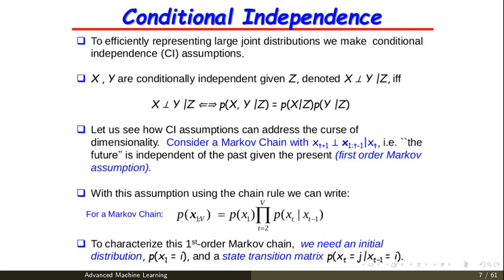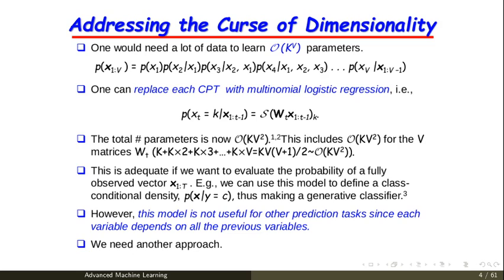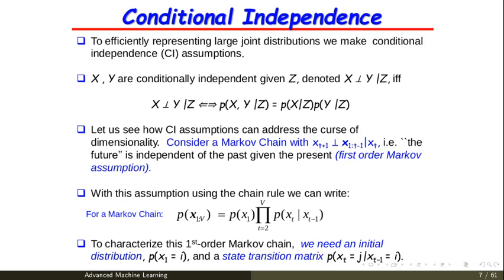So compare this expression with the previous long expression. Comparing to this, the Markovian model is very much simplified because xt does not depend on xt minus 2, xt minus 3, etc. So this model basically assumes independence relations.